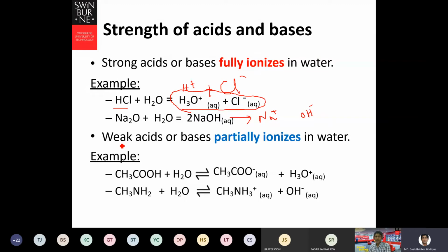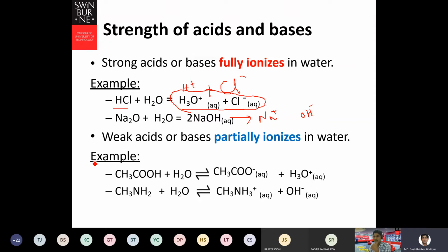Weak acid and weak base do not dissociate fully. Only a very small amount, partial, like less than 1%. I'm not giving you a figure, but it's very small. Considering HCl and sodium hydroxide, they are very strong. 100% of them get dissociated or ionized in the water.